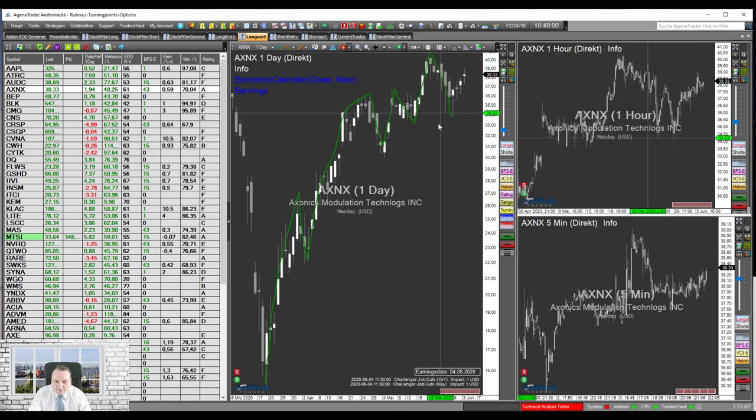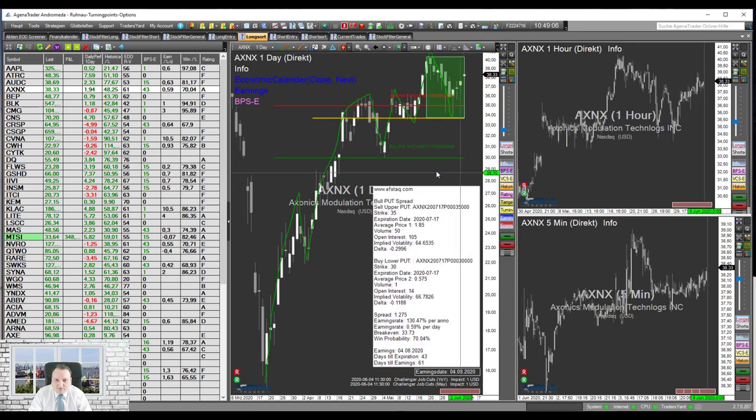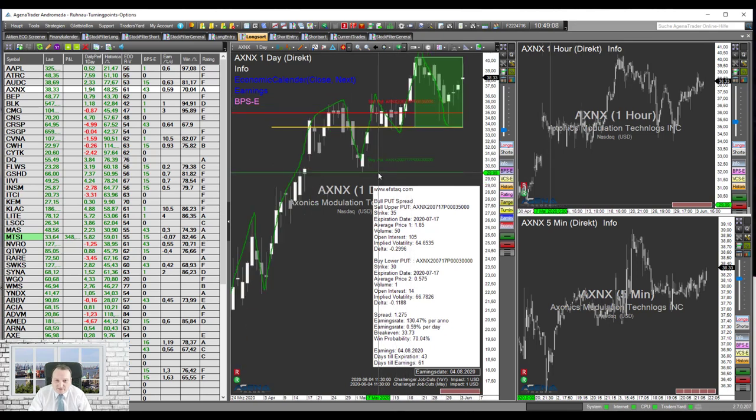So the trend direction should be upwards. So let's have a look if there are options available. And yes, there are options available. They're always from the last day, so there could be slight differences in the option chains when you start trading.